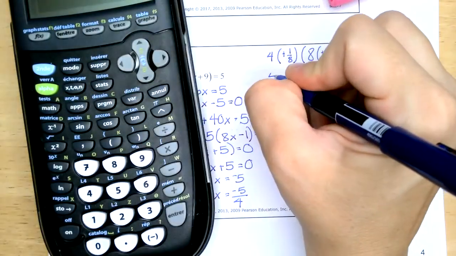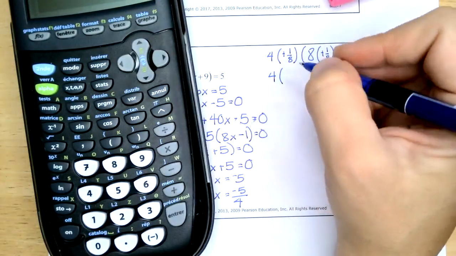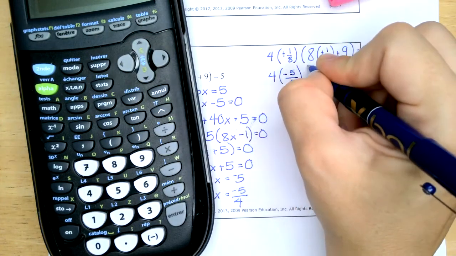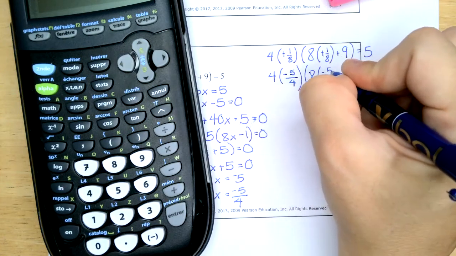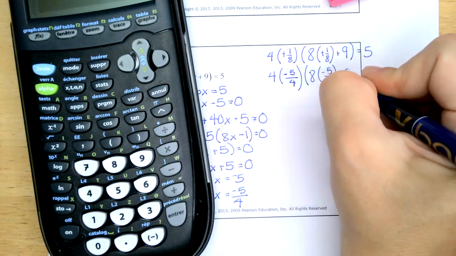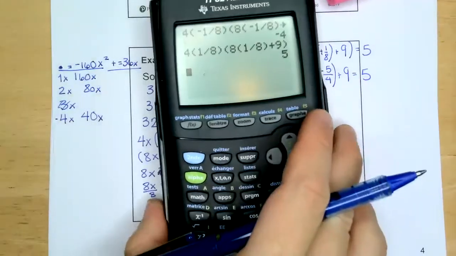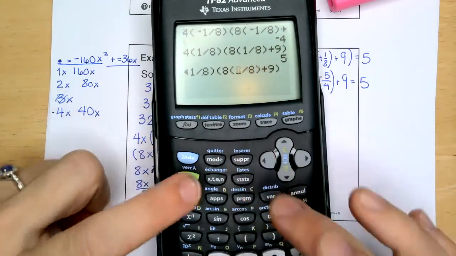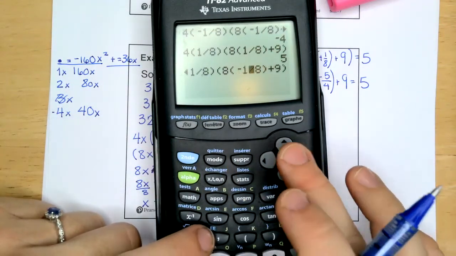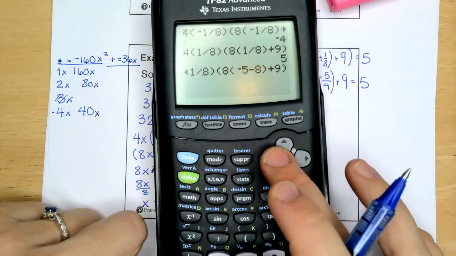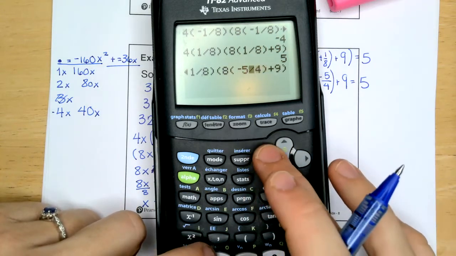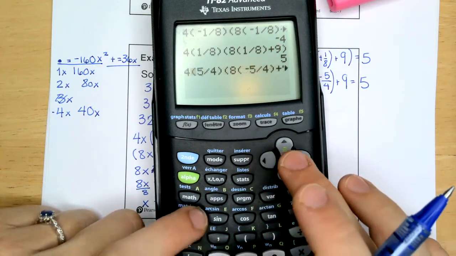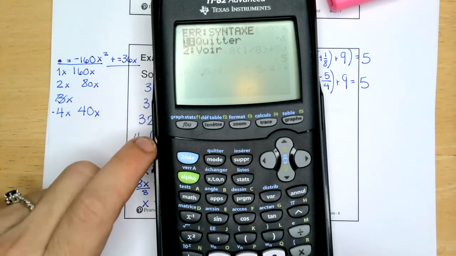And then we'll do it again. 4 times negative 5/4 times 8 times negative 5/4 plus 9 should be 5 again. All right, so the quickest way for me to do this, I think, is to say negative 5/4, and then I need to insert a negative.